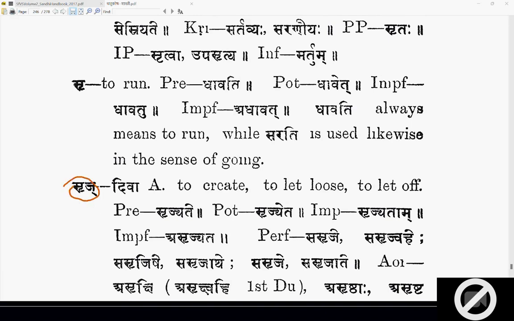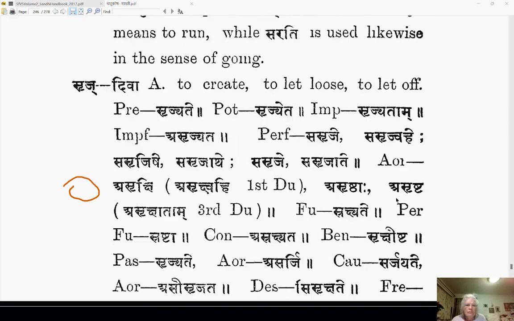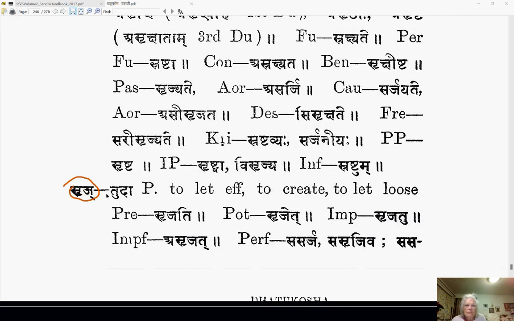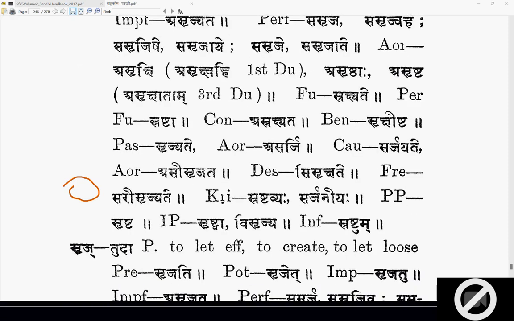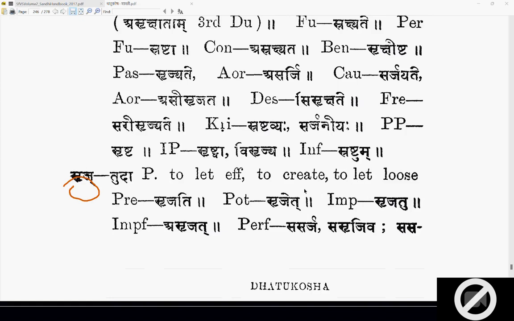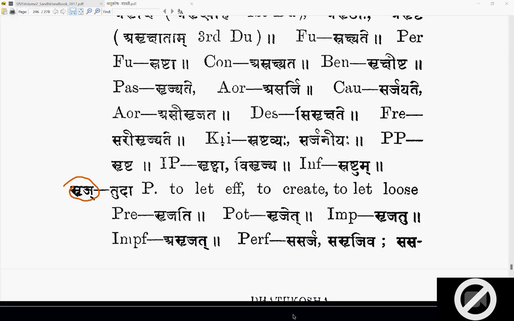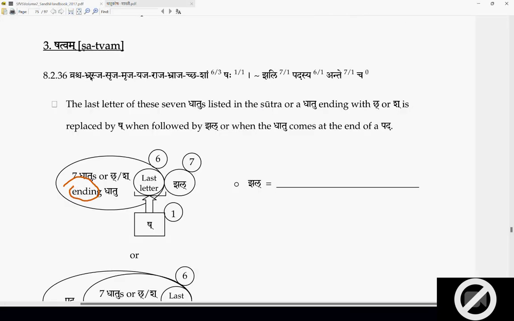There is one here. You can use this or srija. Then there is srija here also. There are two verb roots with the same form, which have similar meaning: to create, to let loose, to let off. But the forms are slightly different. But you can use this srij, which we saw in 8 to 36, there is srij.